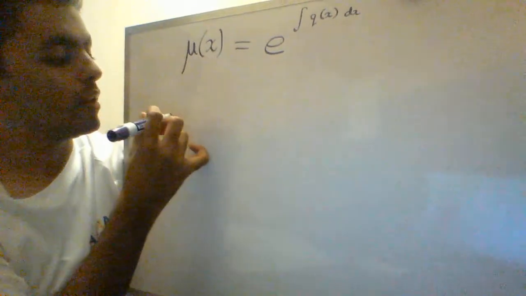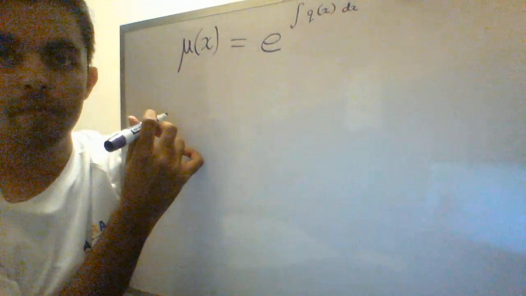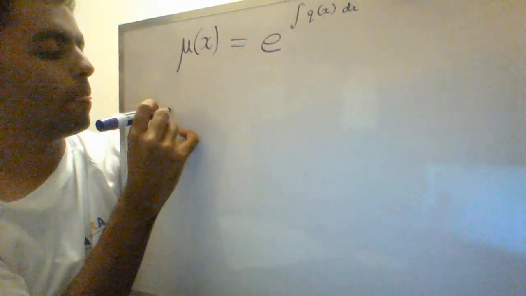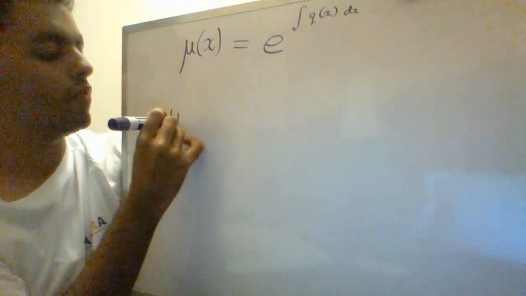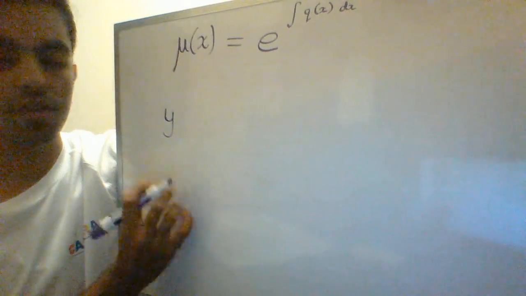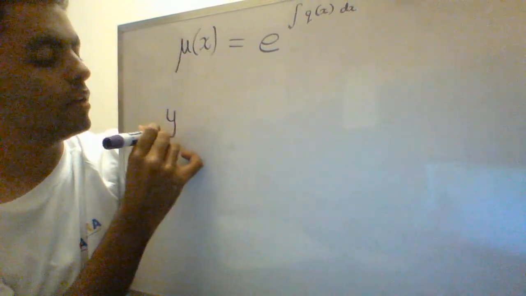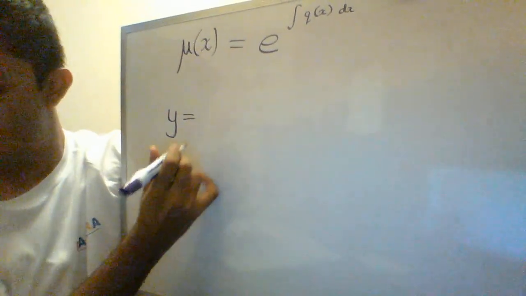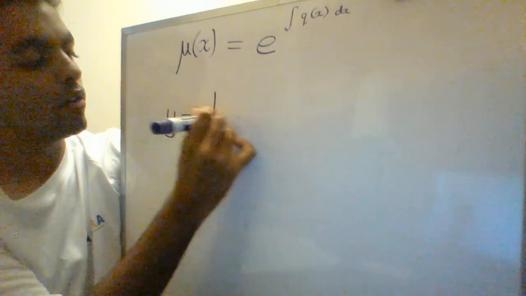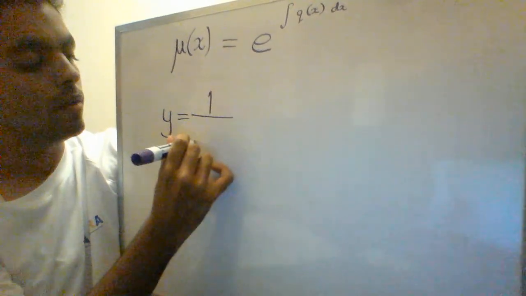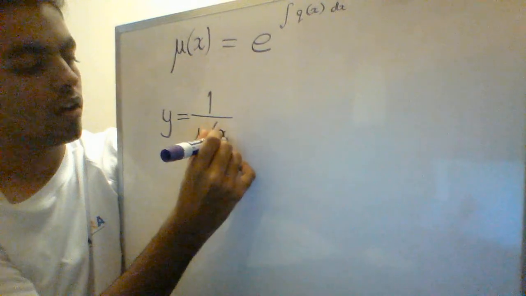So the formula that will give you y, the guess for the function y, for any first order linear differential equation is y equals 1 over mu of x.